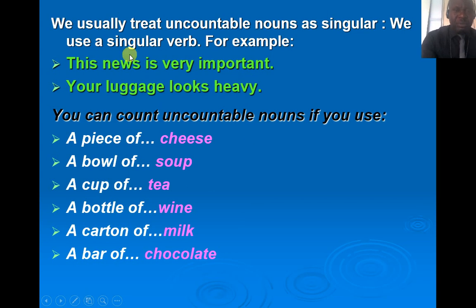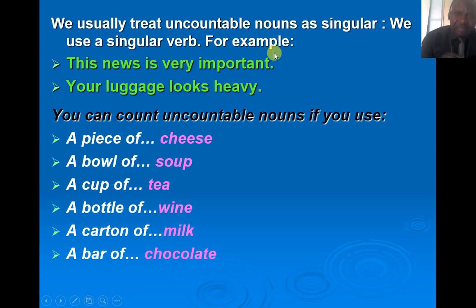But before we go there, let us talk about the grammatical usage of uncountable nouns. Since they are uncountable, they are treated as singular. In sentences, uncountable nouns are treated as singular, hence they attract singular verbs. If you look at this, we have: the news is very important.